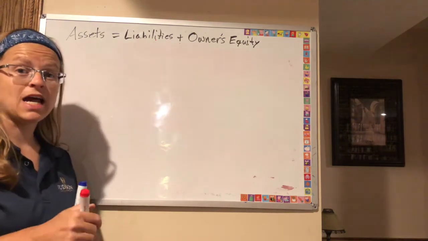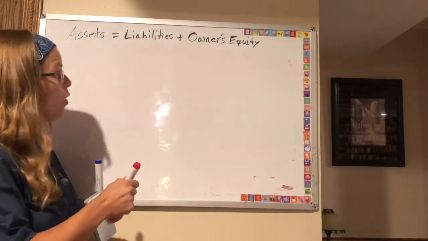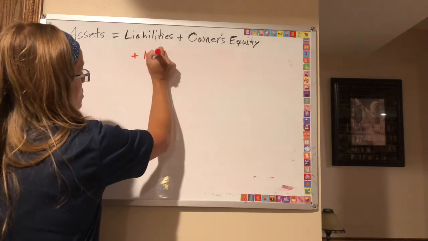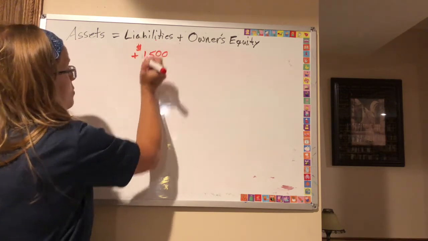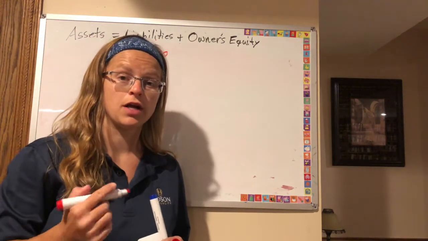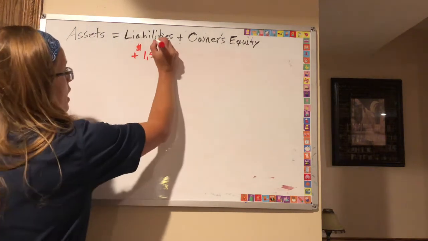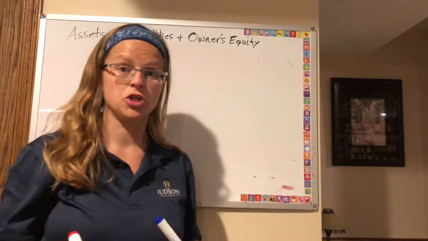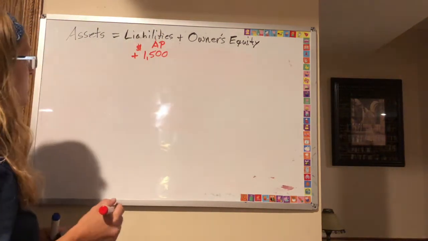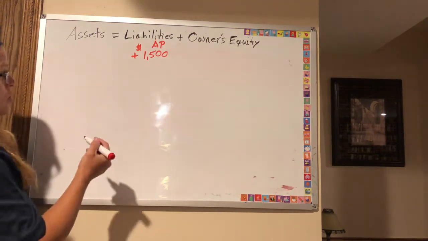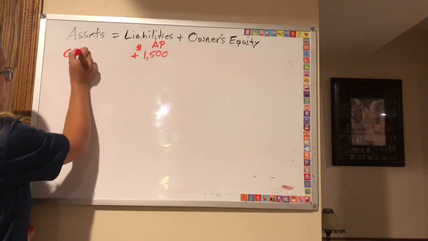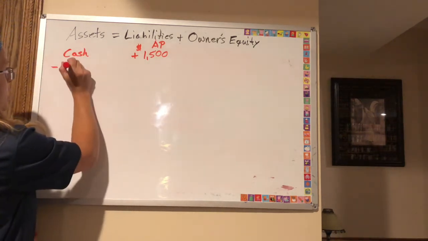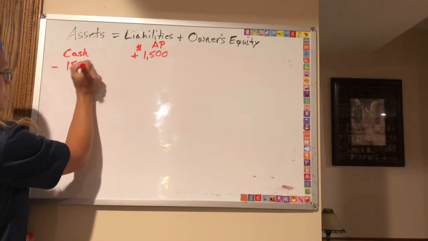All right, Ann decides that she's going to pay off the money she owed under liabilities. She owed $1,500 because she bought supplies and furniture on account. So her AP account was $1,500. She decides to pay it with cash, so the cash account decreases by $1,500, right?